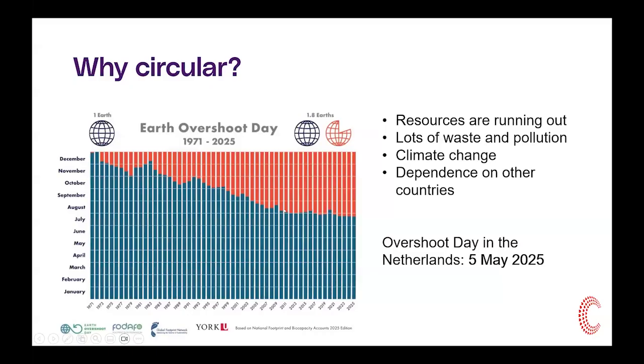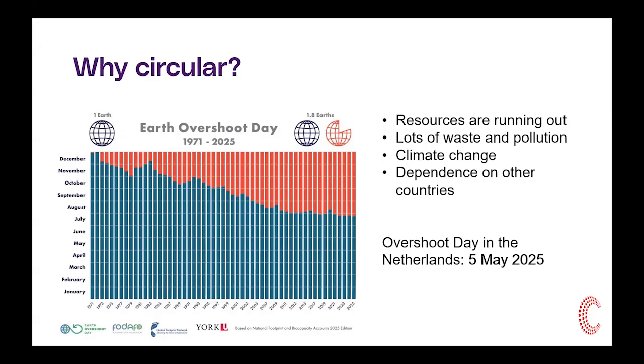So first of all, why circular? Every year, the Earth Overshoot Day marks the date when humanity has used up all the natural resources that the planet can regenerate in 1 year. As you can see in the graph, this date keeps moving earlier, meaning we're consuming faster than the Earth can recover.